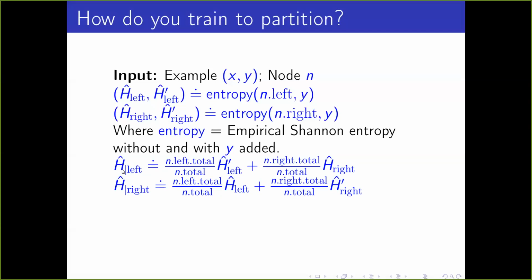So given that you go left, you use h hat prime left plus h hat right, and vice versa if you go right. And so this is what my entropy will be after I take a step to either the left or to the right, in expectation for that level.